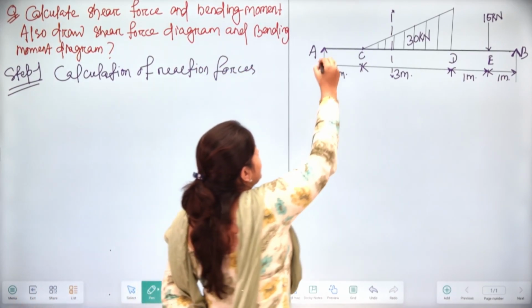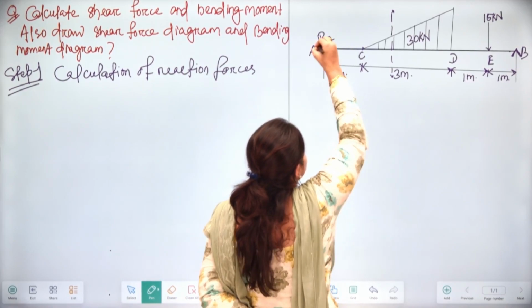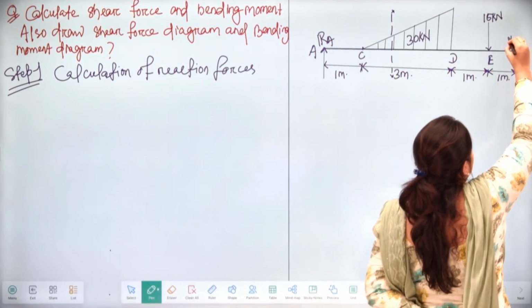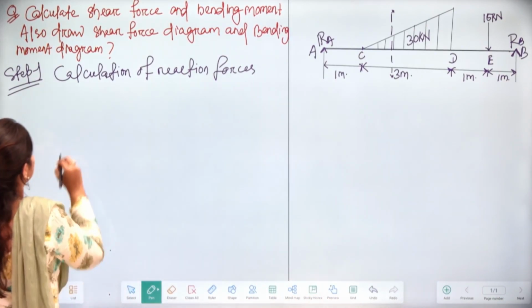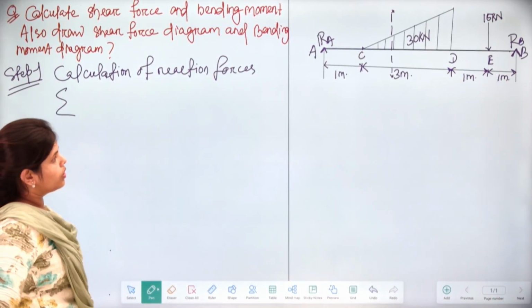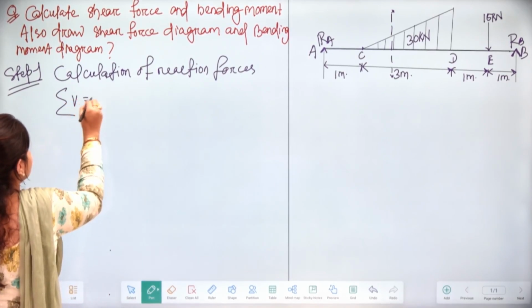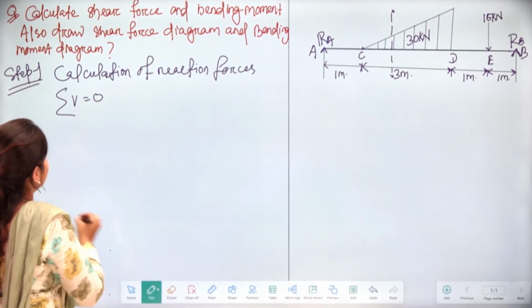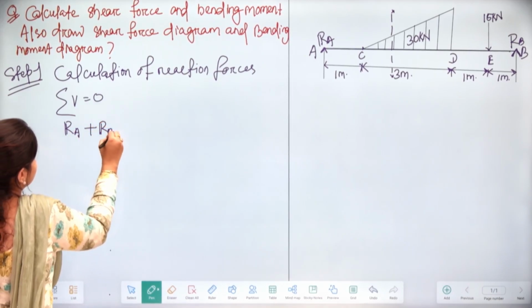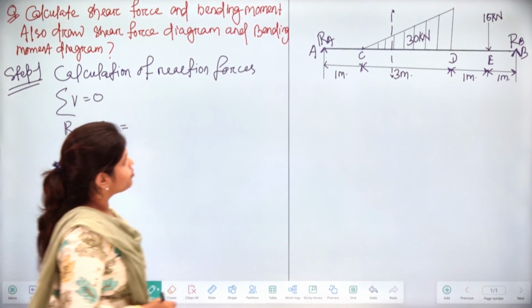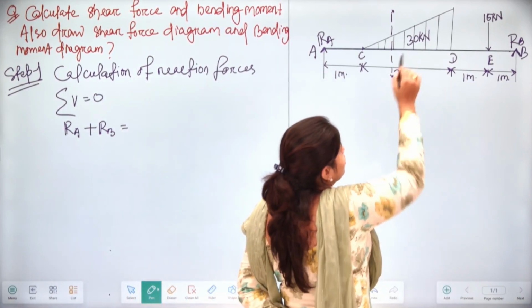So at point A, we know there will be generation of reaction RA and here we will have RB. So we know that summation of all the vertical forces will be 0. From this we can calculate that RA plus RB is equal to, you can see this triangular force.